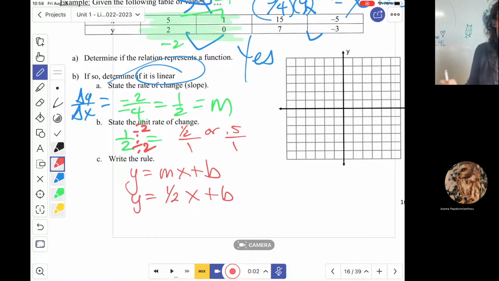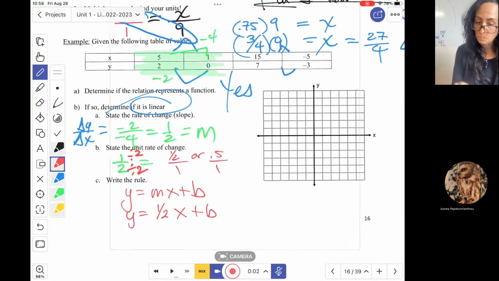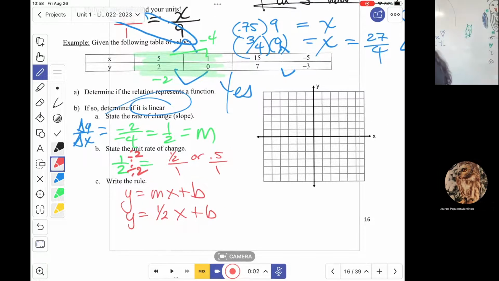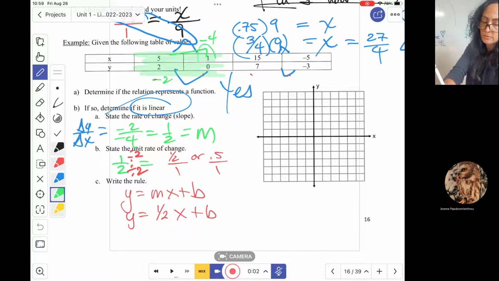But how do I find my b? How do I find the y value of my y-intercept? You could pick the point where x equals 0, or I could substitute in a point. That's what I would do. To find b, I would pick any point. That one's easy.